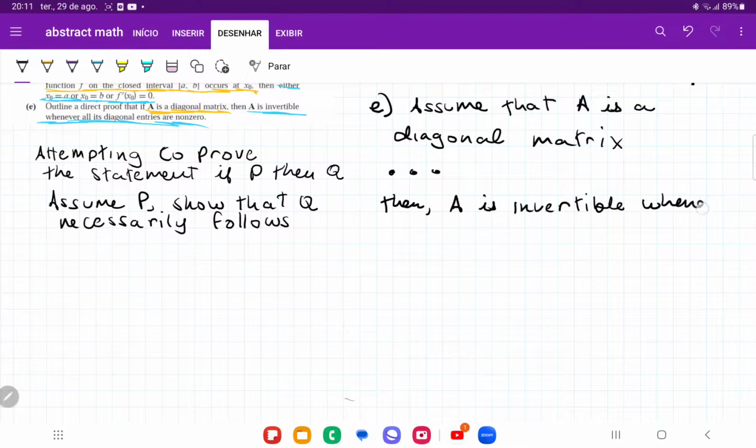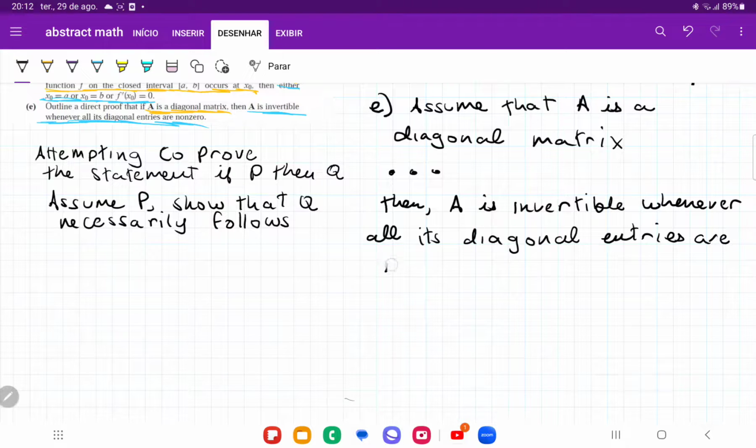My handwriting is quite terrible. A is invertible whenever, I should have put all, whenever all its diagonal entries are non-zero.